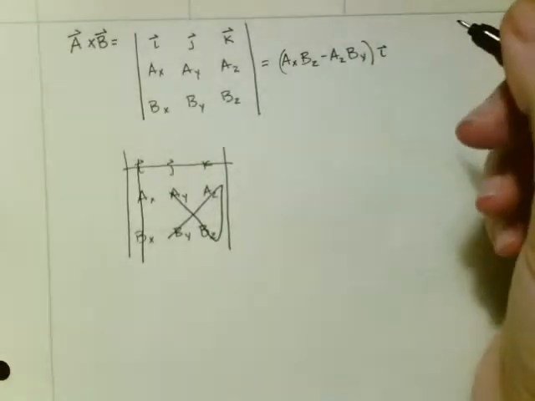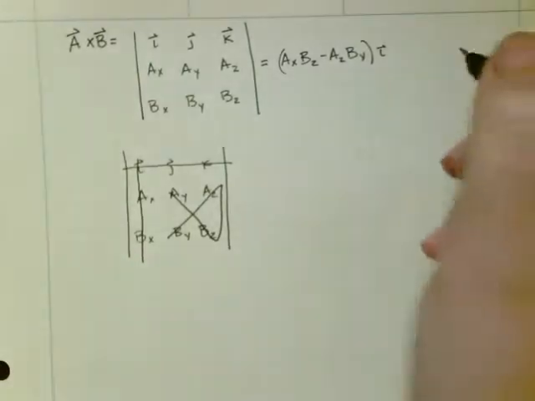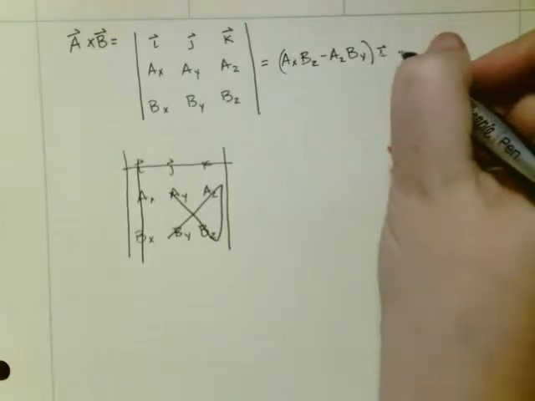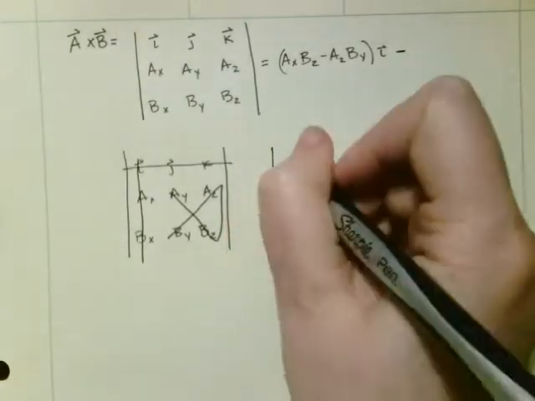And then in a determinant, one of the easiest ways to make a mistake is to forget that the second thing, the middle component, whatever it is, must be minus. So then we'd have the same thing.